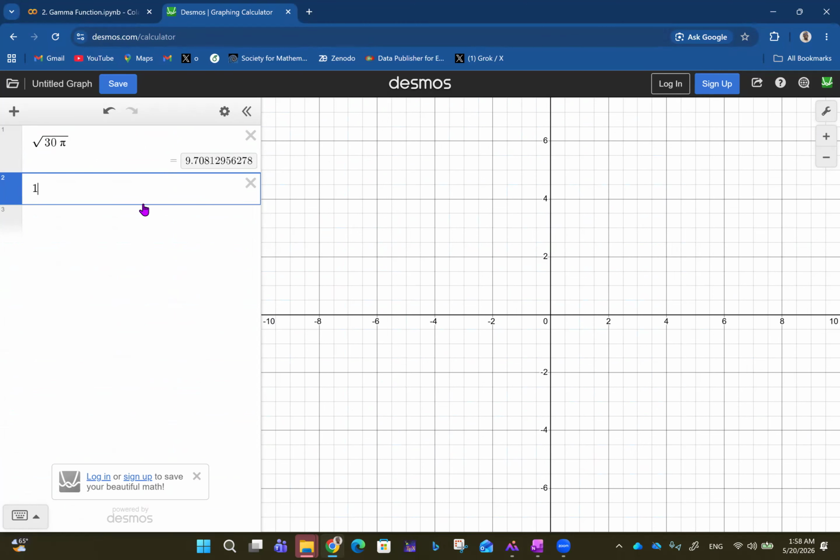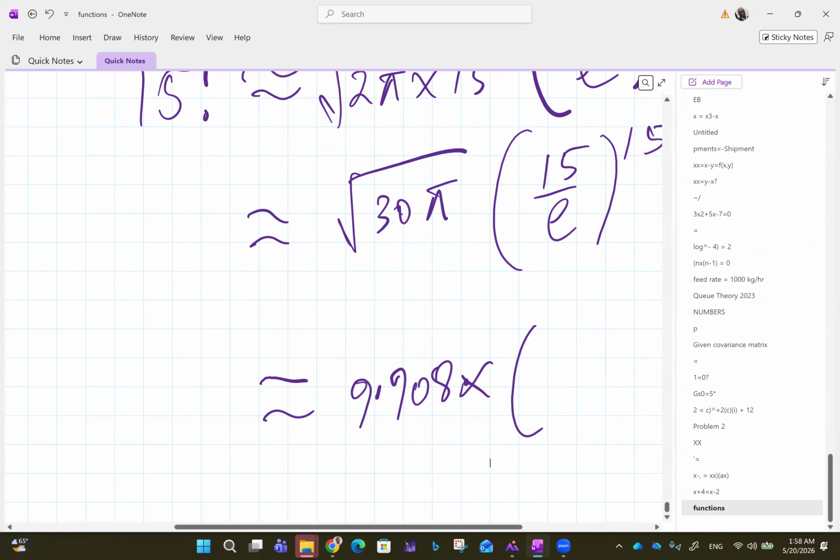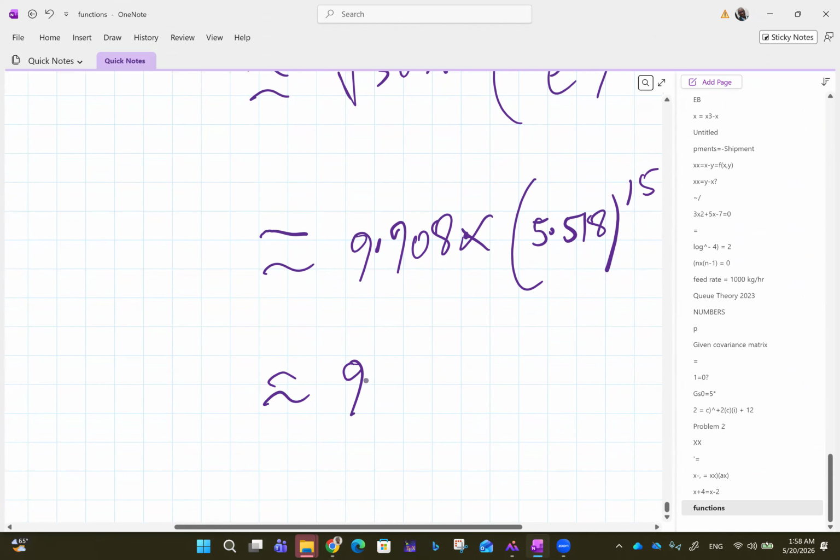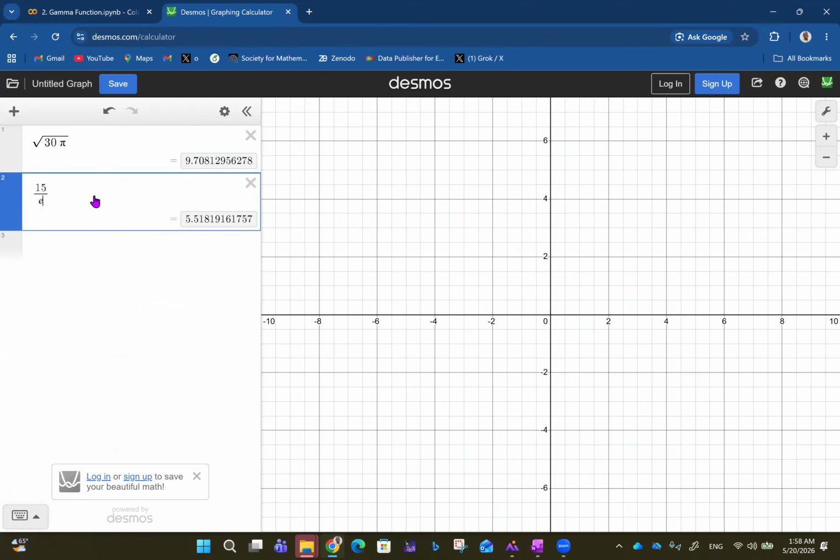15 divided by e. That's 5.518. So 5.518 raised to power 15. So that's approximately 9.708 times 5.518 raised to power 15. So let's do that. So all this now raised to power 15.